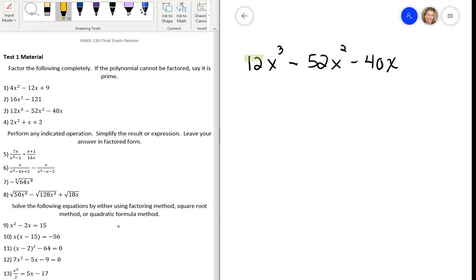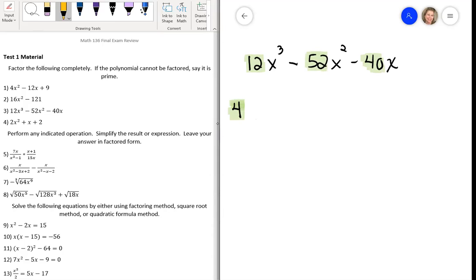I look at the 12, the 52, and the 40, and I try to find the largest number that I can divide out of all three of those. They're all even, so they're all divisible by 2, but they're also all divisible by 4. So I can pull out a 4.